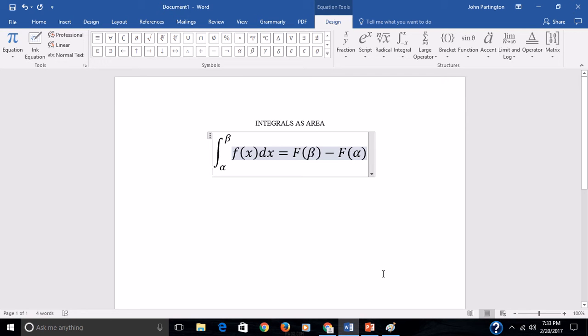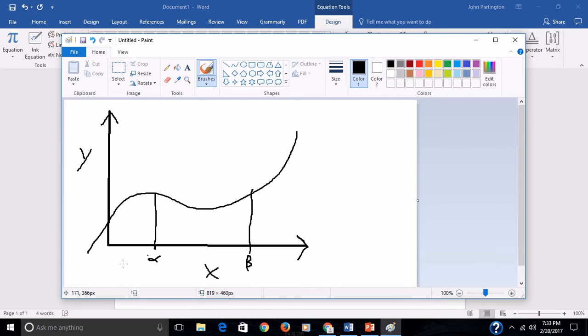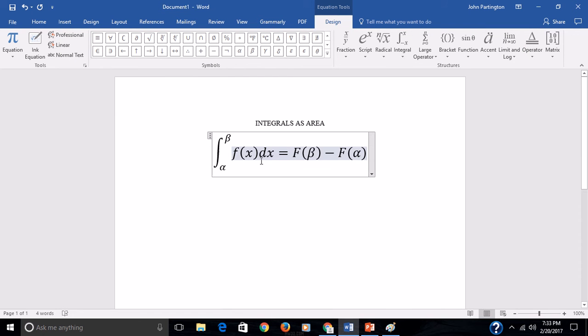Now, what are we talking about? Say we have this function here, this curve, and this is our alpha, and this is our beta. This area is what we're finding. We're finding the area underneath this curve, and that is what this is denoting.